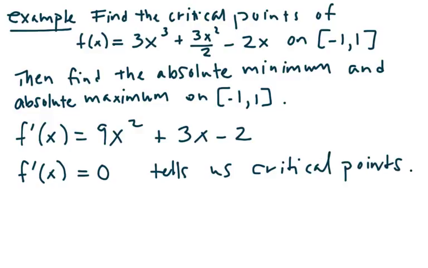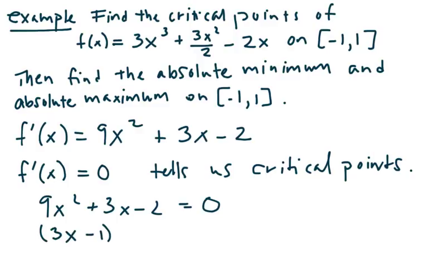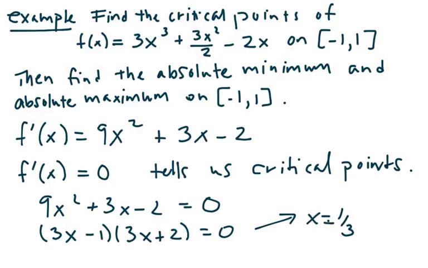So we have 9x squared plus 3x minus 2 equals 0. I can go ahead and factor this into 3x minus 1 times 3x plus 2 equal to 0. So that gives us x equal to 1/3 and minus 2/3. Okay, so those are our critical points.